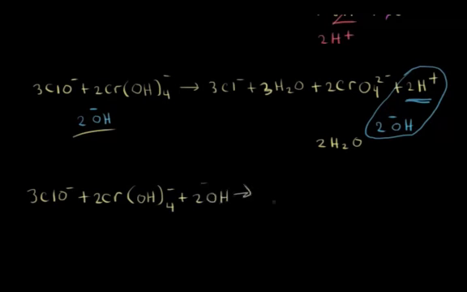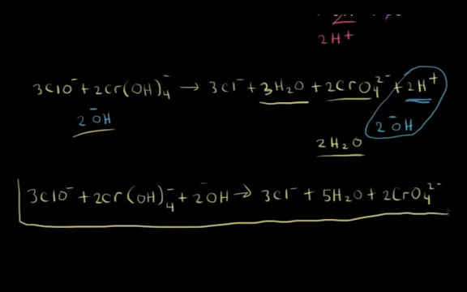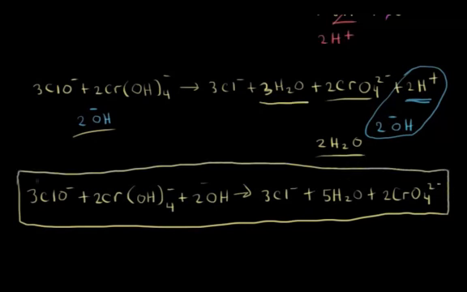And then on the right side we have 3Cl minus plus, well, over here we have 3 waters, and we just made 2 more, and so we really have a total of 5H2O, and then once again we have the 2 chromates over here, so 2CrO4 2 minus. And that should take care of everything. So we can go ahead and box our final answer. So we got there. It took us a long time, but we have our final answer.